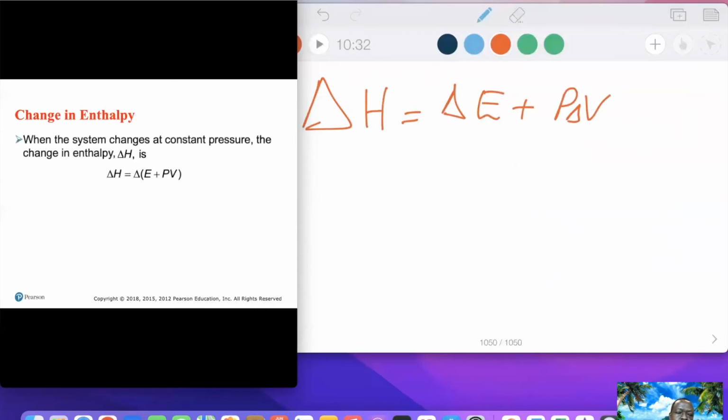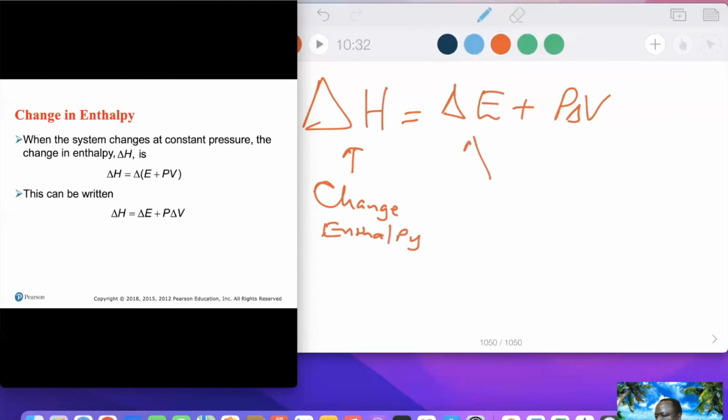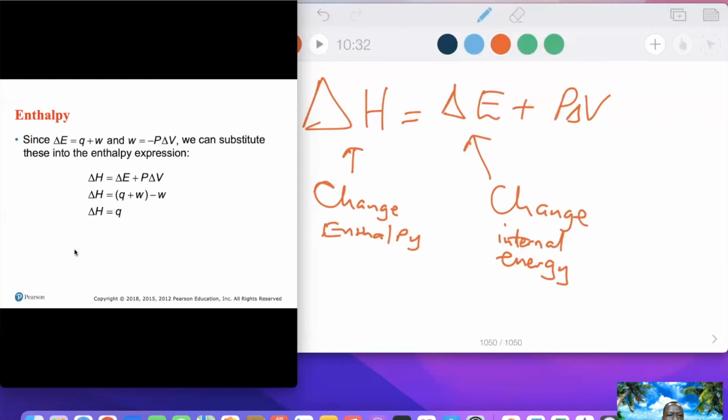So that is the change in internal energy of the system; we can calculate that.